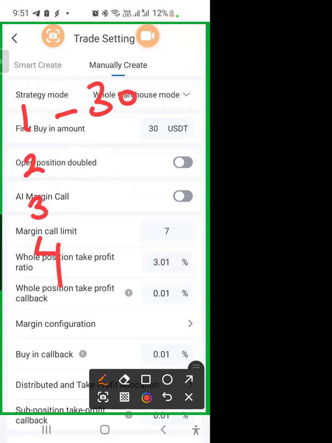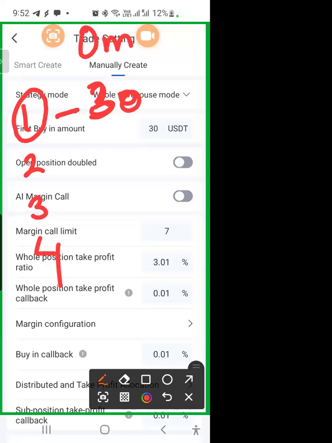Let me use a layman's example to understand more. Assuming we are buying baskets of this coin called OM. One basket of OM costs $30.